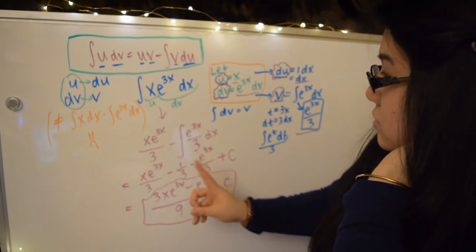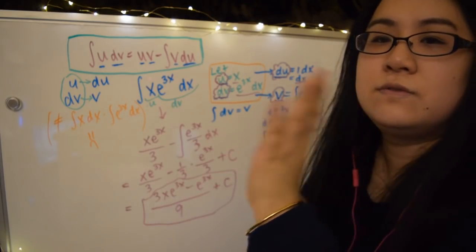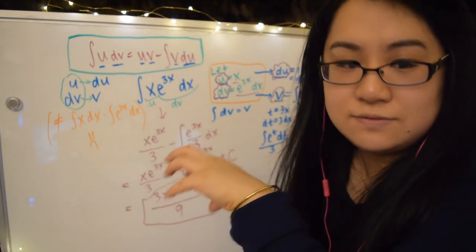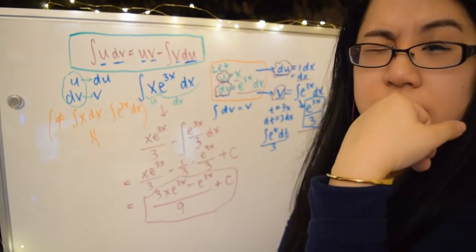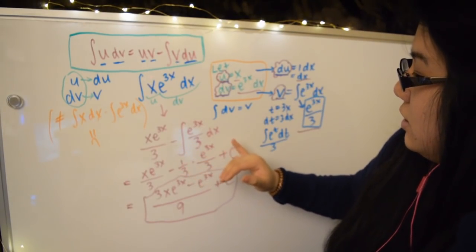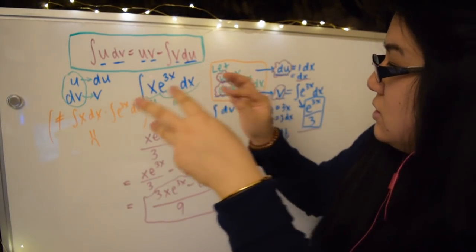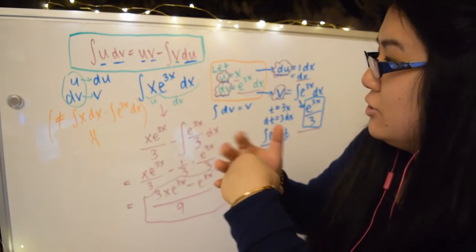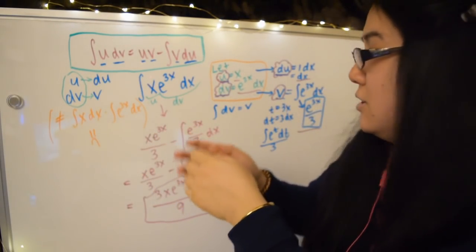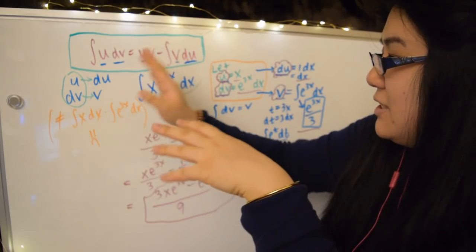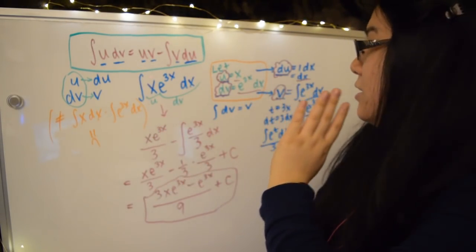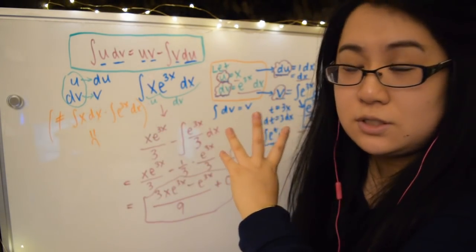In general, the key idea is finding your u and your dv. Don't get too stuck in specific patterns. You don't always set x to equal u. You don't always set the thing in the front to be u and the second one dv.